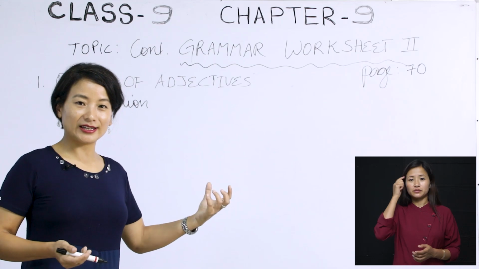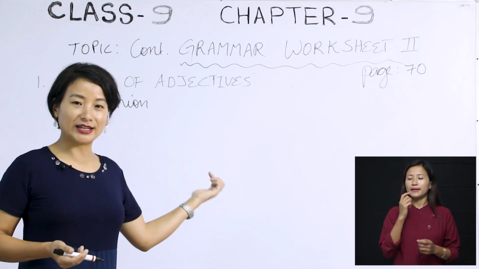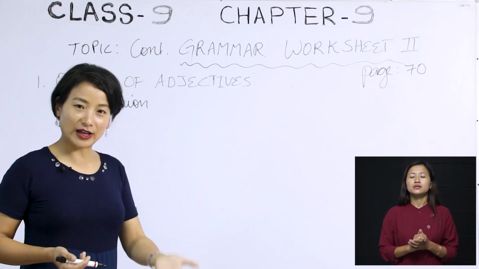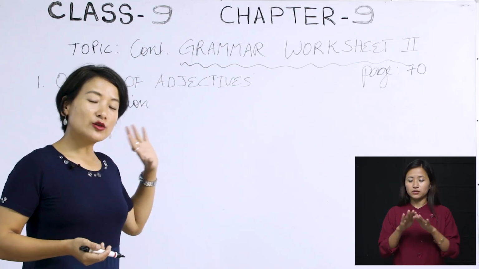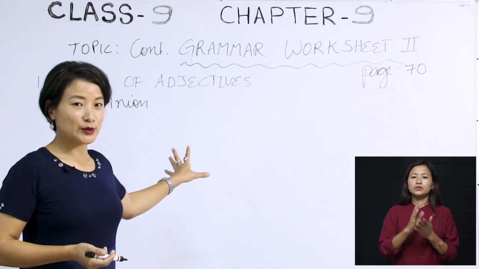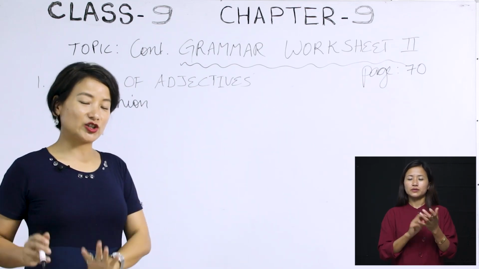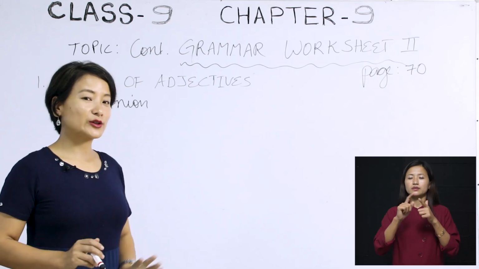So brilliant is the opinion that you have about that fellow student of yours. So your opinion comes first, and then the rest of the adjectives would come later on. So keep that in mind.